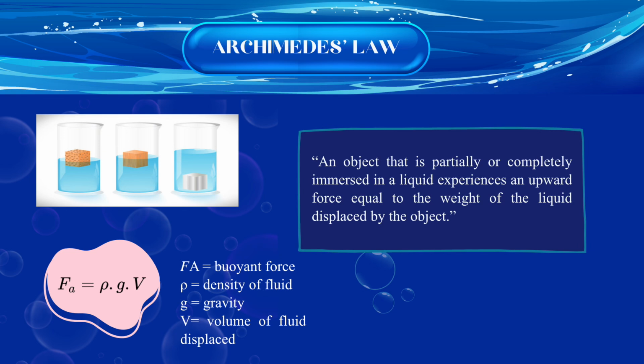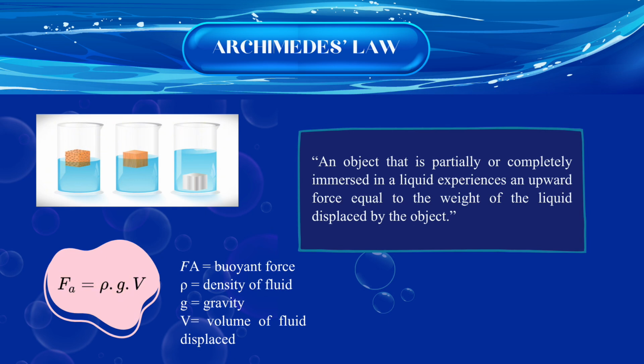Mathematically, the buoyant force is expressed as Fa = ρ · g · V, where Fa is the buoyant force measured in newtons, ρ is the density of the fluid measured in kg/m³, g is gravitational acceleration measured in m/s², and V is the volume of fluid displaced measured in m³.